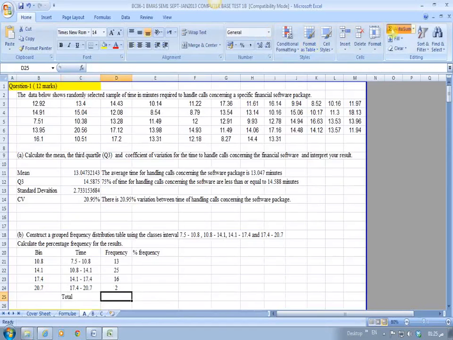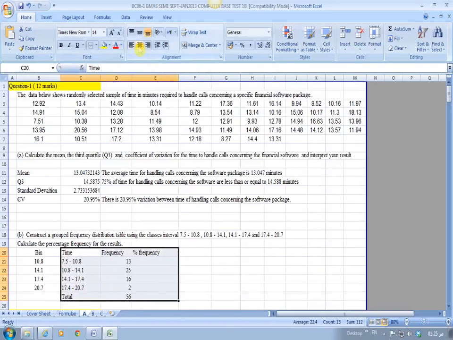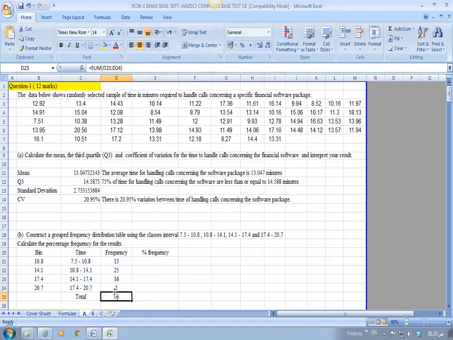So the total, sigma, and press enter. You see here these are the frequencies, and here is the total, and if you count these, you will find they are 56. So the total here is 56.